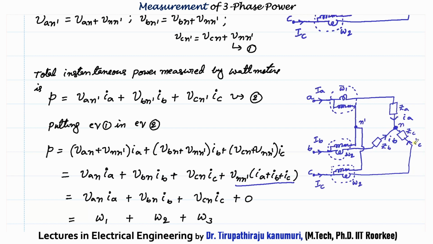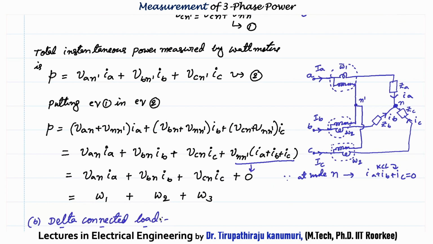That means Ia plus Ib plus Ic is equal to 0 at node n. Because KCL is applied here, this term becomes equal to 0.